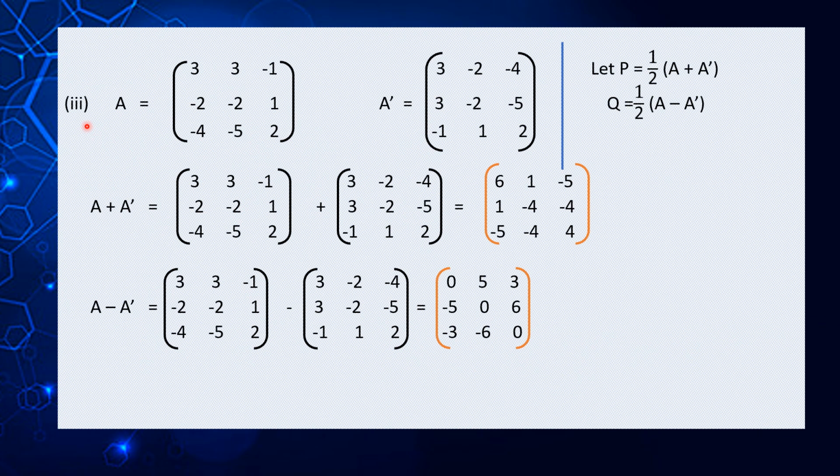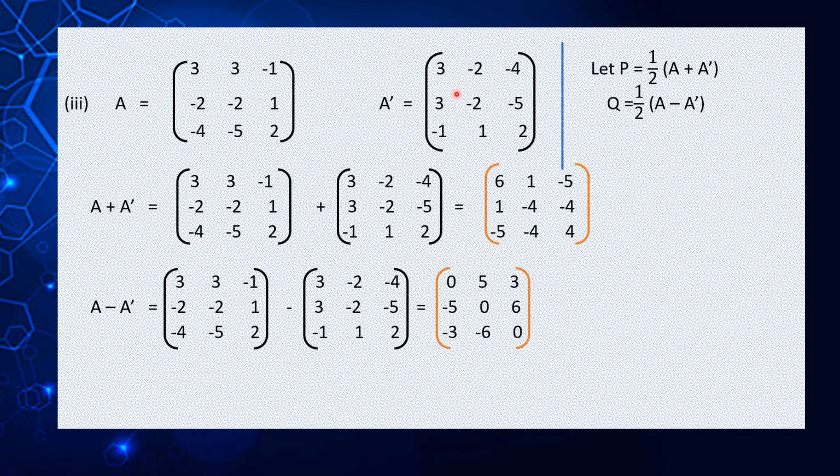The third part of the question is A is equal to 3, 3 minus 1, minus 2, minus 2, 1, minus 4, minus 5, 2. Now find out A transpose and write it down here.